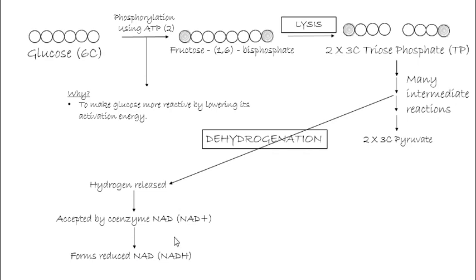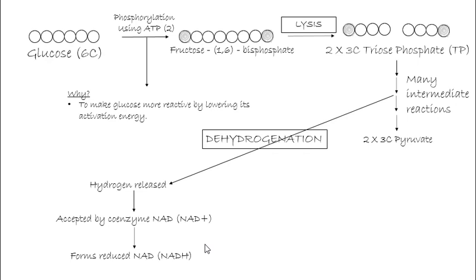And so when NAD plus or coenzyme NAD accepts hydrogen, it becomes reduced and forms reduced NAD, whose symbolic form is NADH. Now, per glucose molecule, there are two reduced NAD molecules formed.